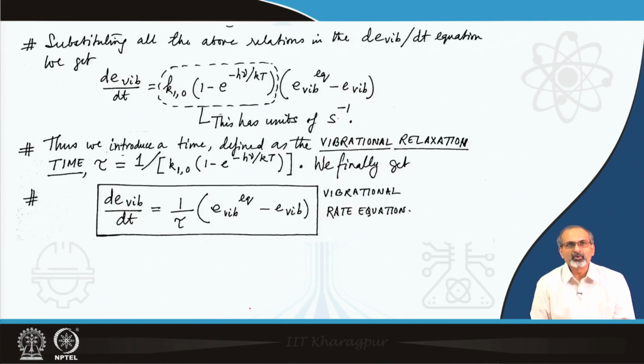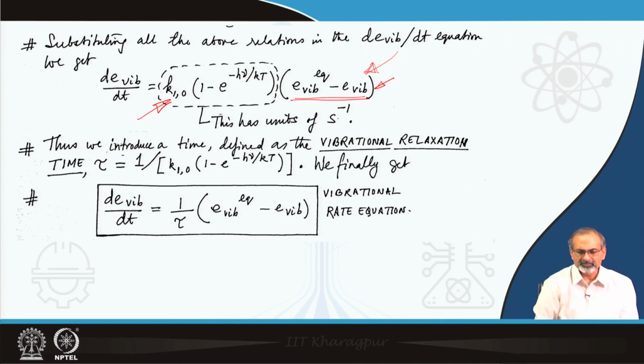So, once you do that and you substitute all the expressions that you have worked out, you come up with a very elegant expression here, where a difference between the equilibrium vibrational energy and the instantaneous non-equilibrium vibrational energy is there within brackets, and here is a term which has units of inverse seconds.